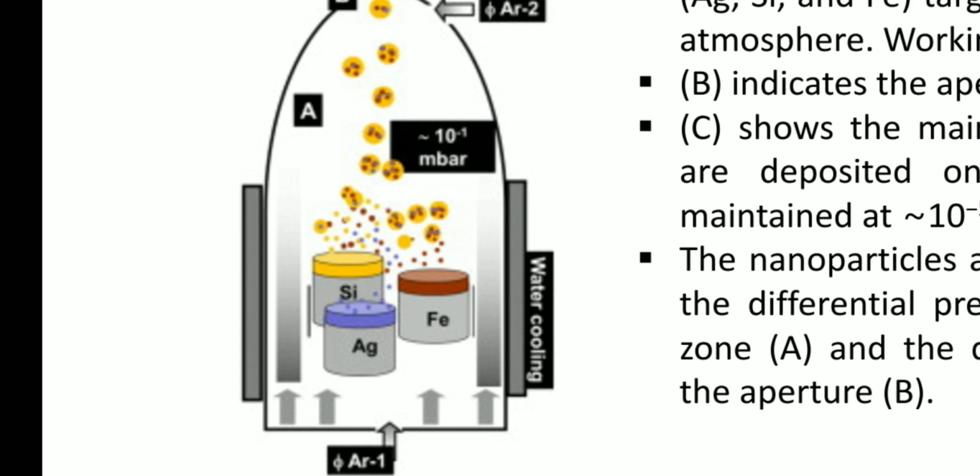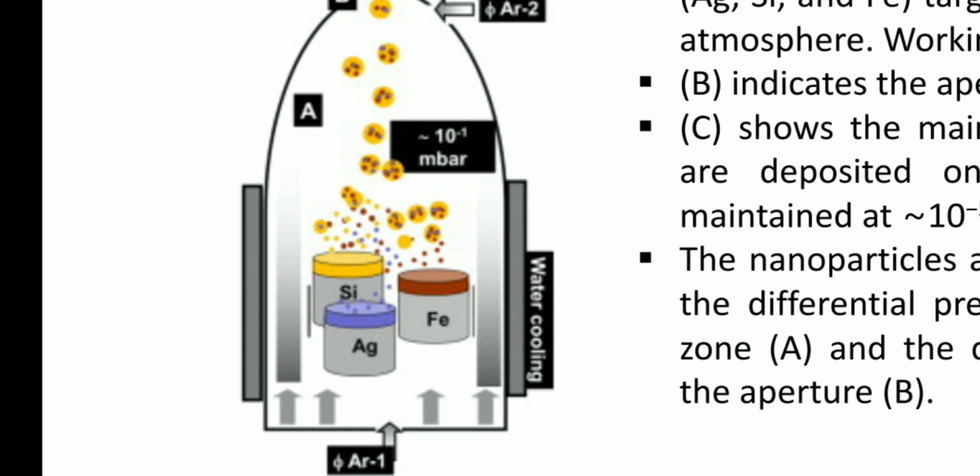Because all are metals, you are well familiar that we can use a DC sputtering technique, which contains the plasma, and you are able to vaporize the material by using the sputtering process.